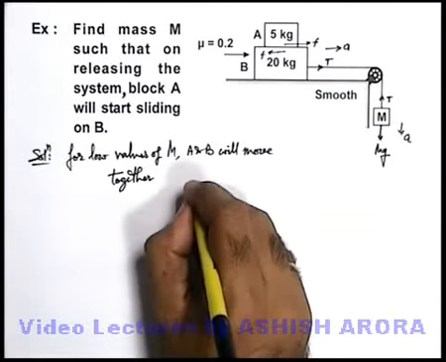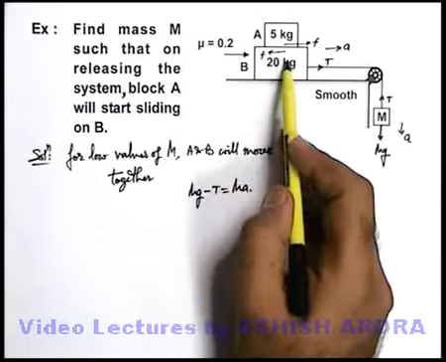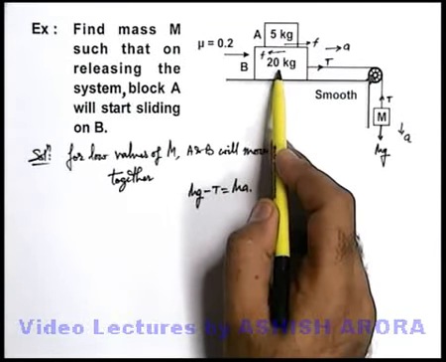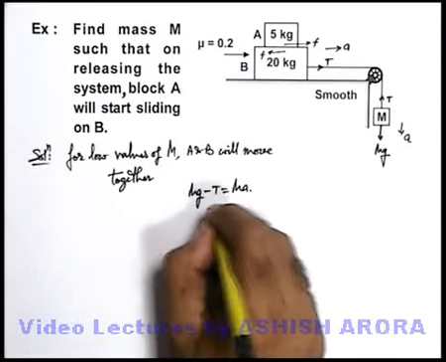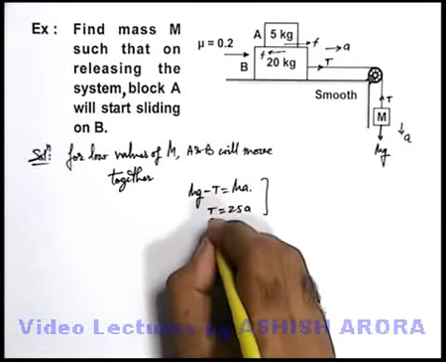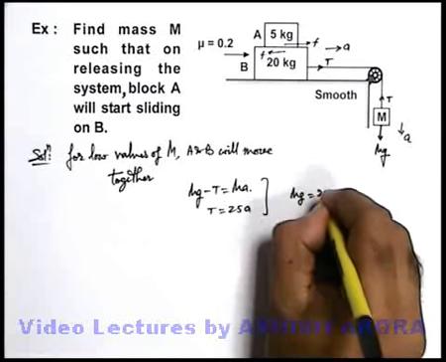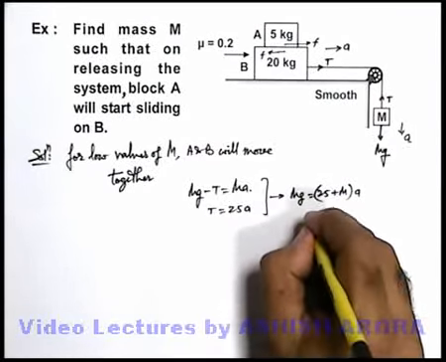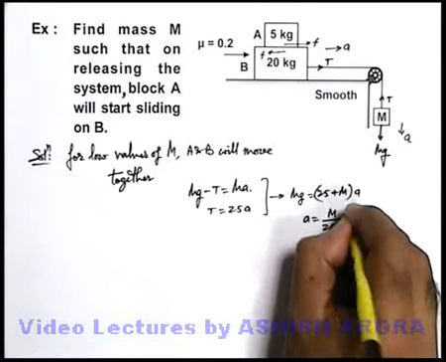For this M, we can write the equation mg minus T is equal to ma. And for both of these blocks, considered together as a 25 kg block, only tension is the accelerating force, so T is equal to 25a. If you add the two equations, you get mg is equal to 25 plus m into a. So the acceleration is m by 25 plus m into g.